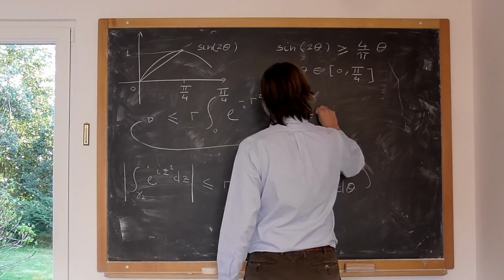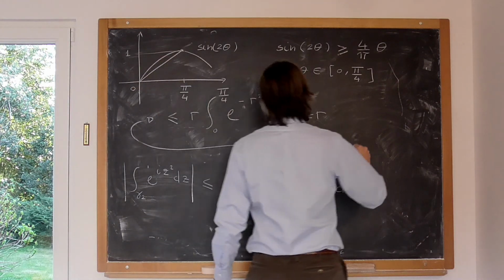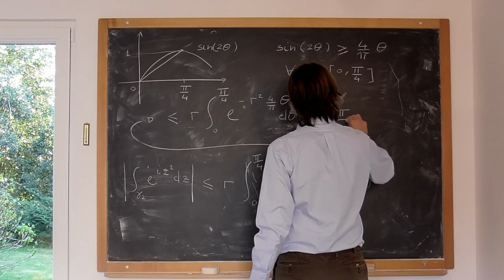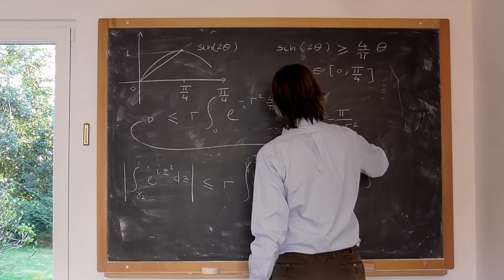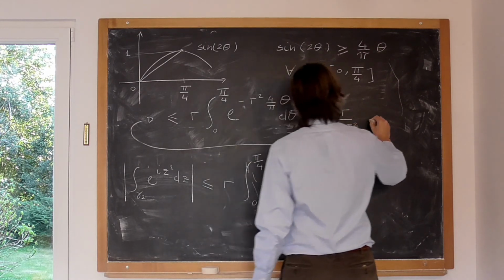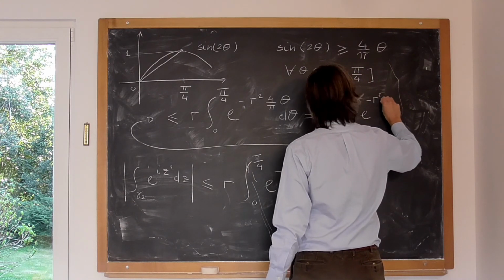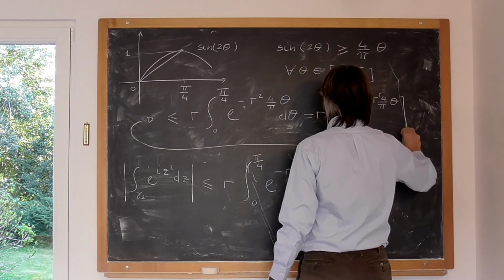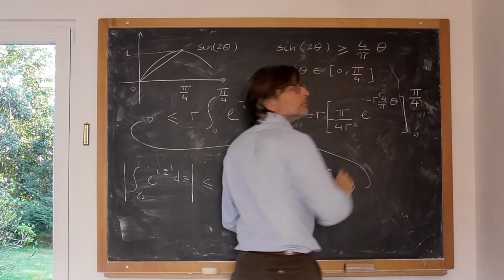So we have r. The primitive of this is pi divided by 4r squared with a minus, times e to the minus r squared 4 over pi theta. And this has to be evaluated between 0 and pi over 4.